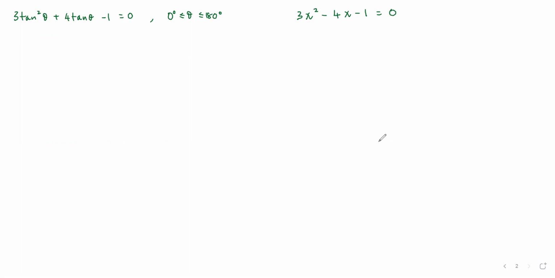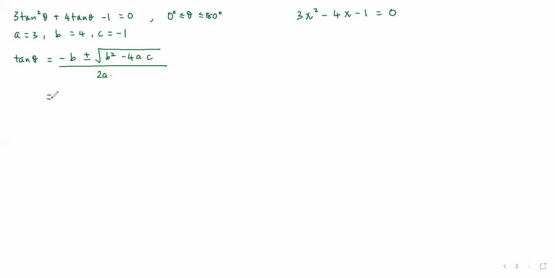If it cannot be factored, the other alternative is to use the quadratic formula. So you see that A is 3, B is 4, and C is negative 1. And the quadratic formula, tangent theta is negative B plus minus square root of B squared minus 4AC all over 2A.